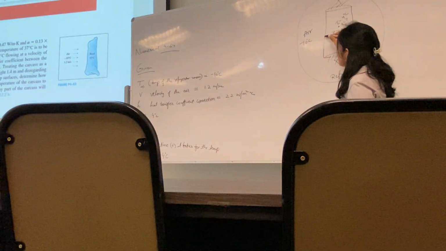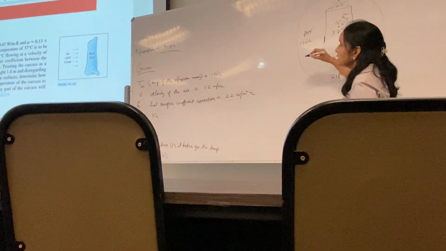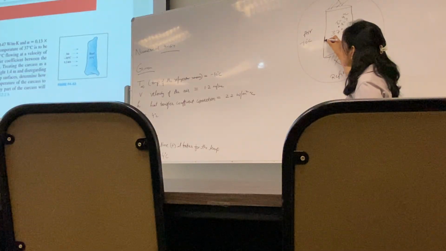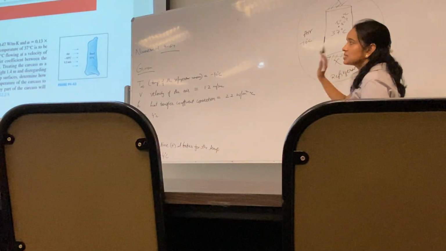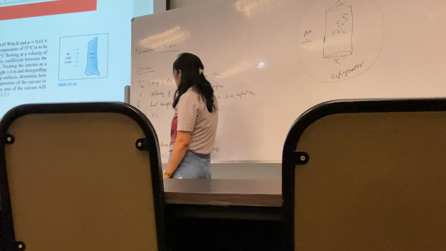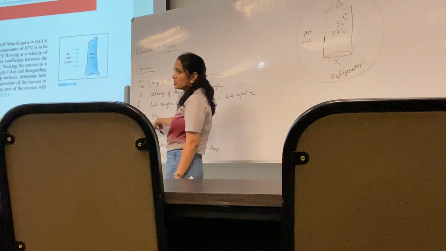So the temperature will start dropping here first, right? They are asking if the carcass freezes. This means if the temperature here goes negative or not. This is the second part. The first part is they are asking the time, small t, it takes for the center temperature to drop to 4 degrees Celsius.